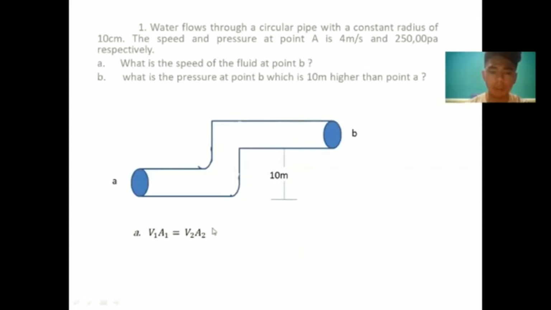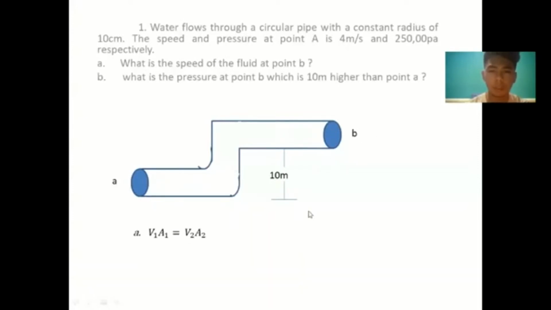So in this equation, we have V1 given, A1 given, and the velocity 2 is missing, and A2 is given because the problem states a circular pipe with a constant radius of 10 centimeters. So it means from radius A to radius B, the area is still the same.